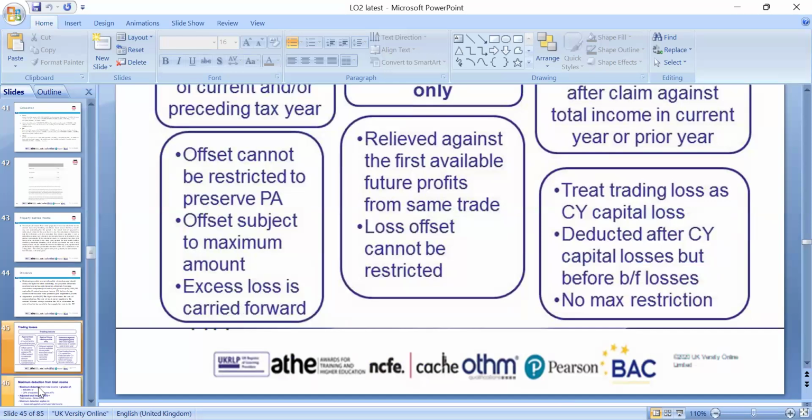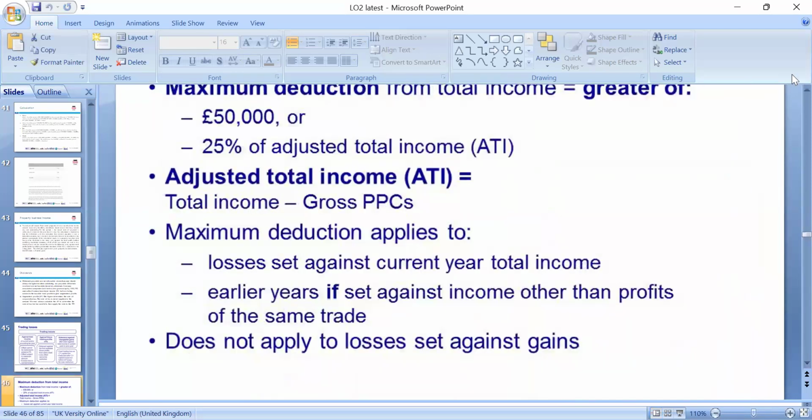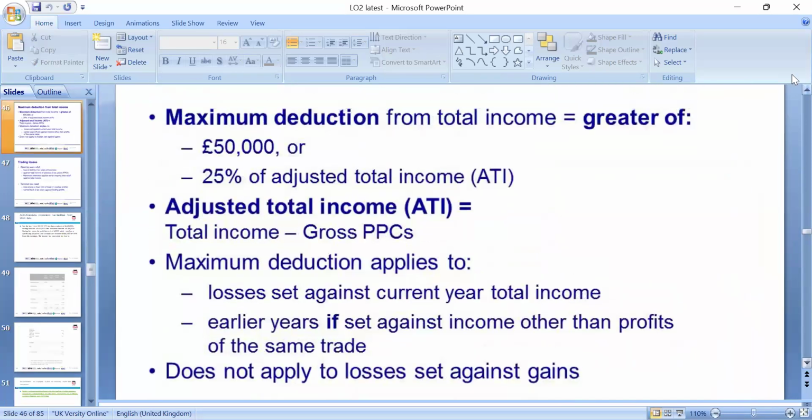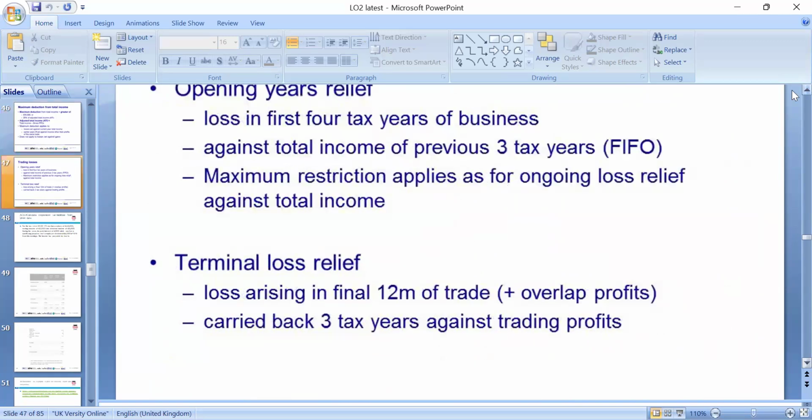So we need to keep in mind, please, I'll show you, we can pick the latest example from the book: the adjusted profit we have, how much adjusted total income we have, and the maximum deduction of loss set against the current year's or earlier year's income other than the profit. We have to look at the opening.